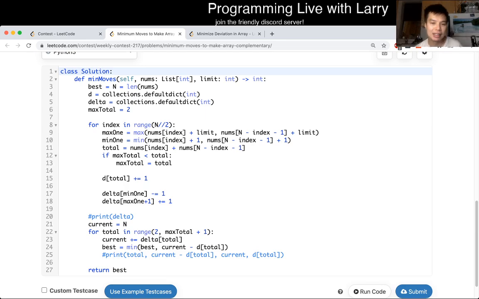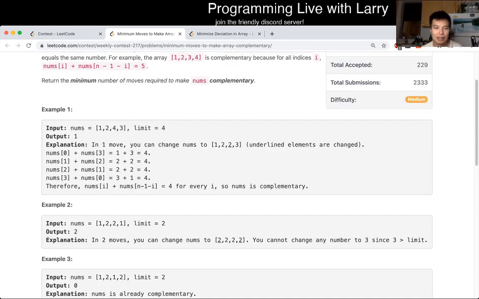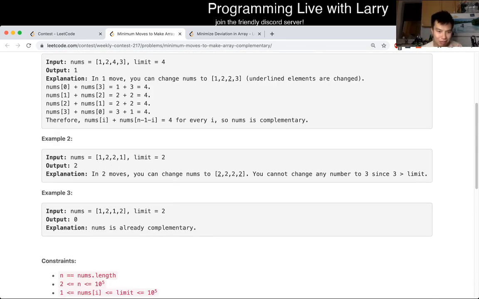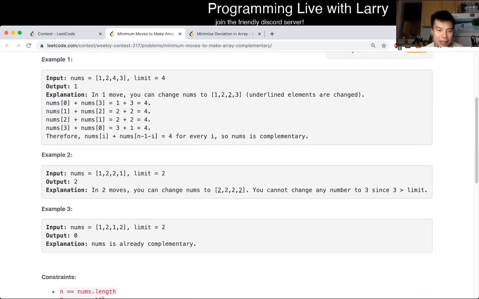But the idea is basically, okay, for each pair, it's a little bit convoluted, but you have each pair, right? And you could brute force what you're trying to do, each number, each sum, and there are only three possibilities, right?